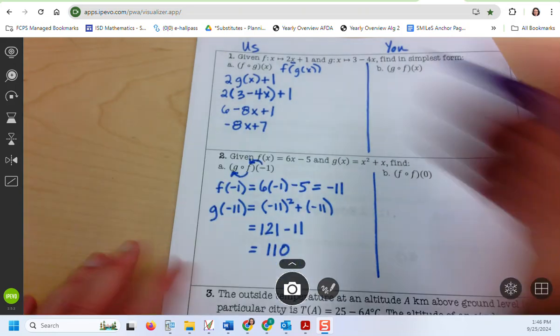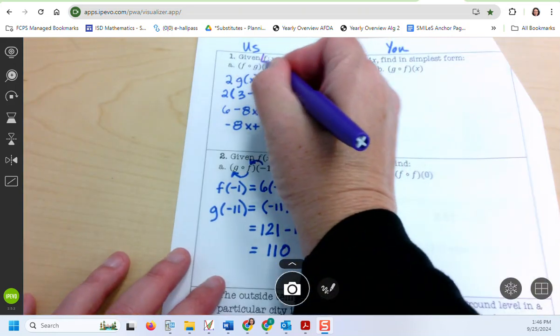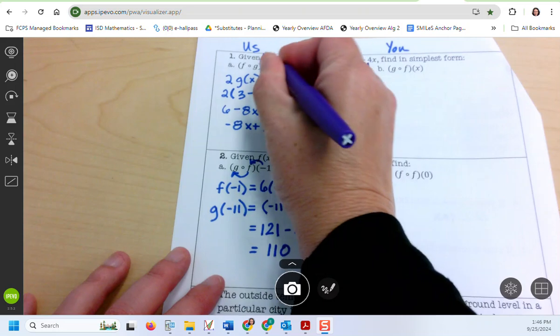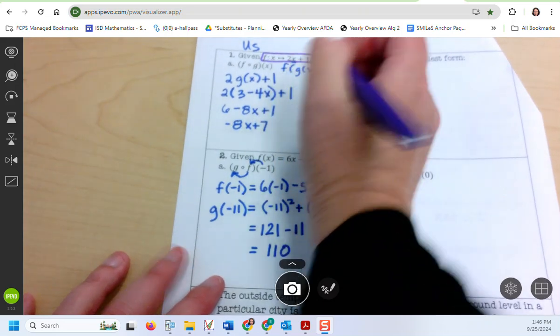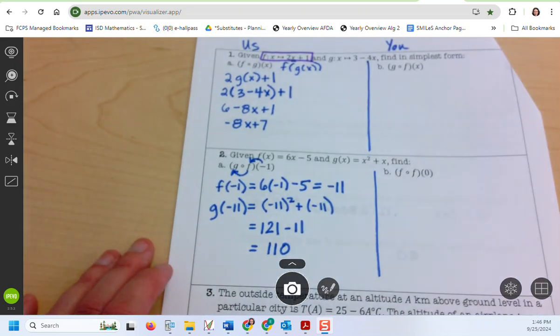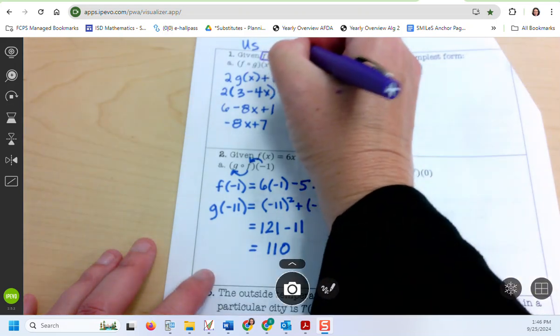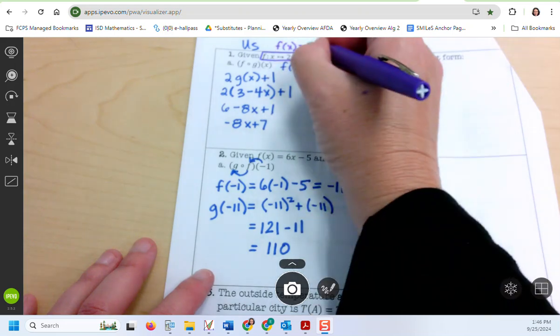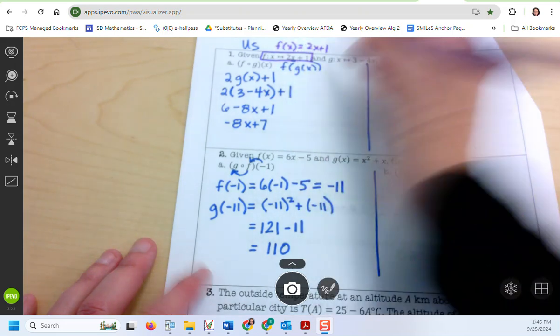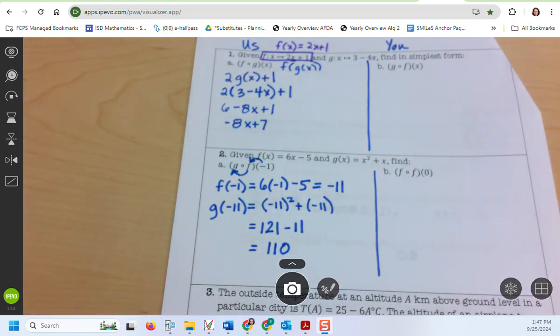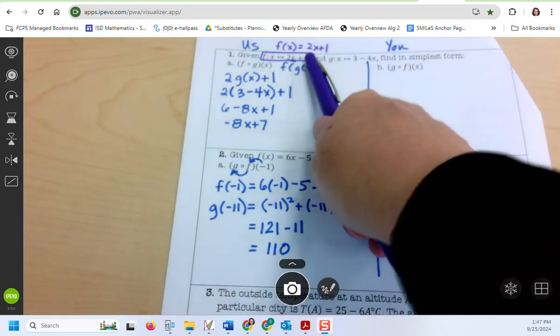I want to show you, when they write this, we show you this writing because this is how the IB is going to write it on your exam next year, and you don't want to see it for the first time there. But what this literally means is f of x equals 2x plus 1. Their notation, I know, is probably not something you've seen before, but you just need to adapt and understand it means this.